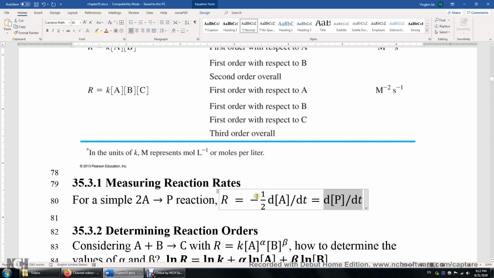And also, -1/2 times dA over dt is also the reaction rate. There's a negative sign here because A is consumed. There's 1/2 coefficient here because when 2 moles of A are consumed, we can produce only 1 mole of P.